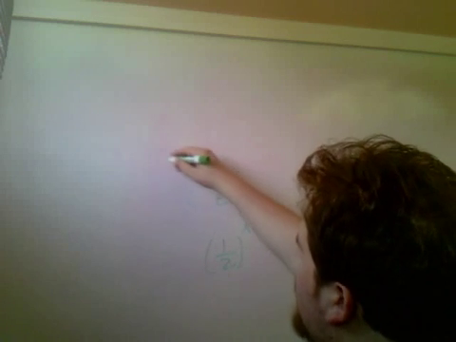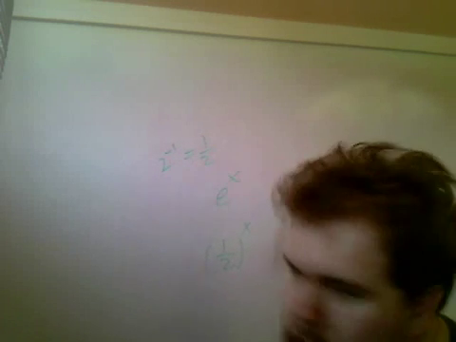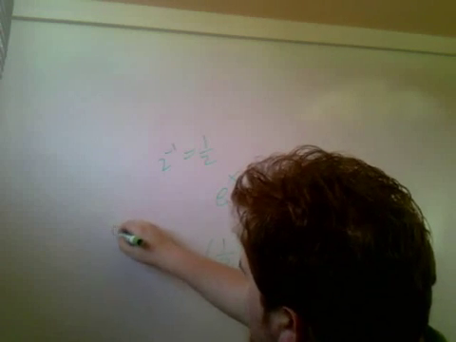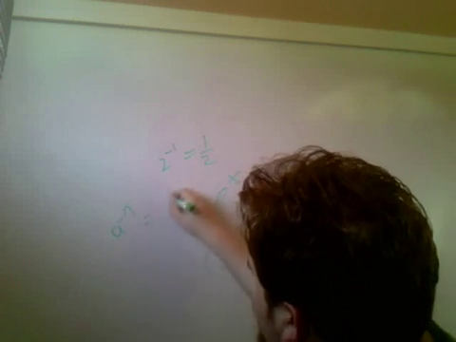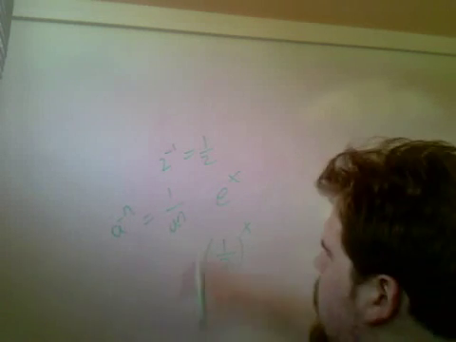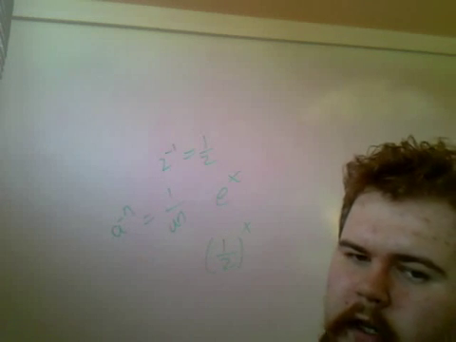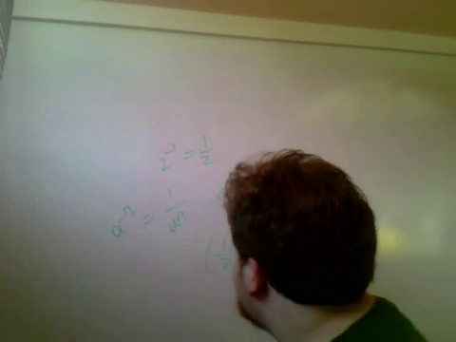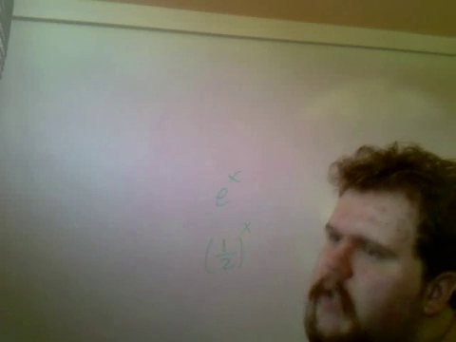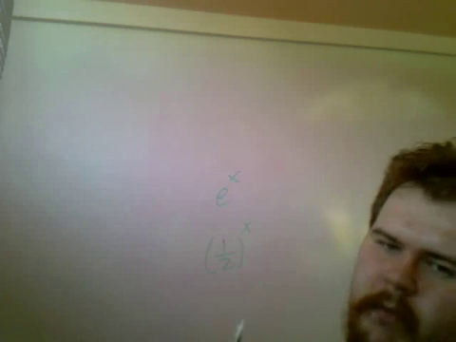Because remember, 2 to the minus 1 power is 1 over 2, which is less than 1. Any number to a minus power, a to the minus n equals 1 over a to the n. So if a is greater than 1, a to the minus n, if n is a positive number, is going to be less than 1. If a is a number which is less than 1, then a to the minus n is going to be greater than 1.